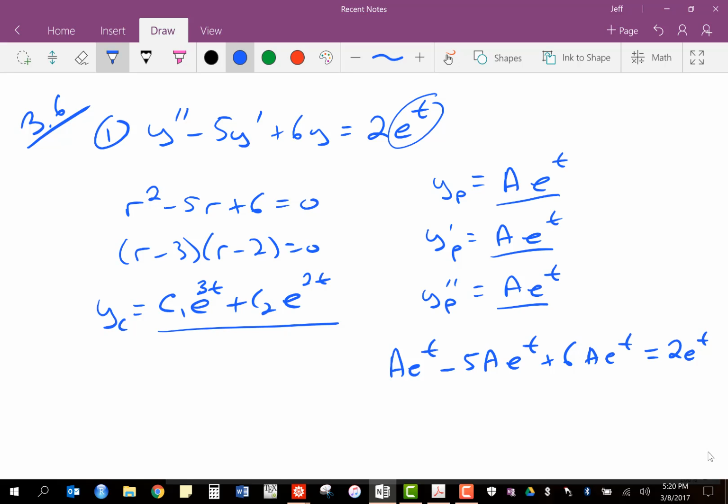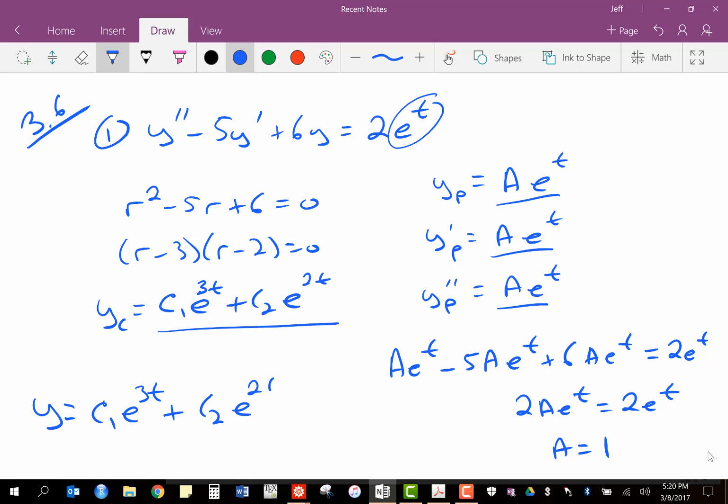It looks like I have 2a e to the t equal to 2 e to the t, so a is equal to 1, which would mean that my solution is c1 e to the 3t plus c2 e to the 2t plus the particular solution, which is e to the t.